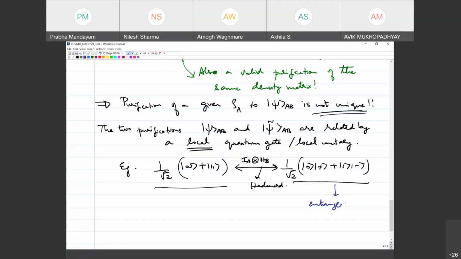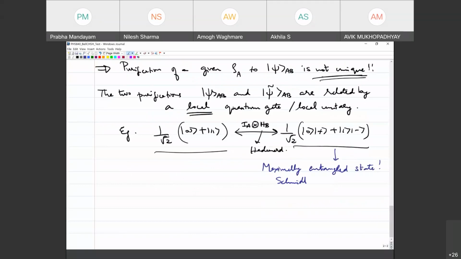Indeed, it is a maximally entangled state because the reduced density matrix is identity on one subsystem, and I'm sure you can figure out that if you trace out the first subsystem, what will you get in the second on B? You will get half plus plus plus half minus minus. So that's also a maximally mixed state. So this is indeed a maximally entangled state, and it is already in Schmidt form.